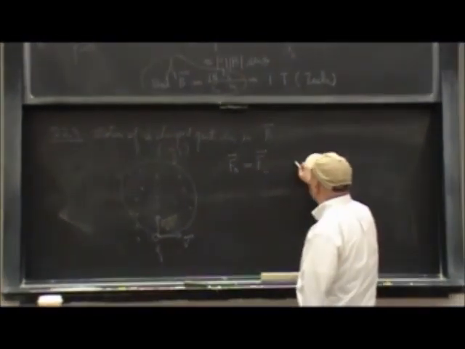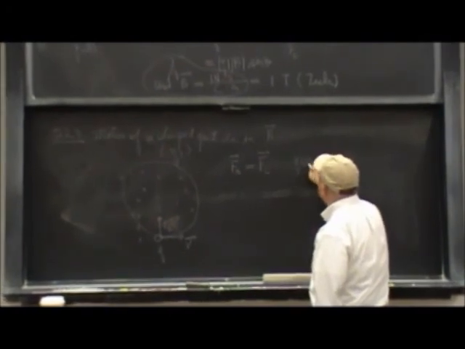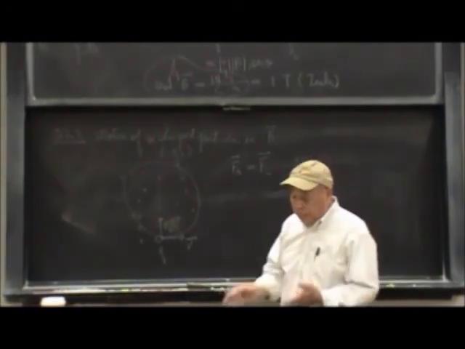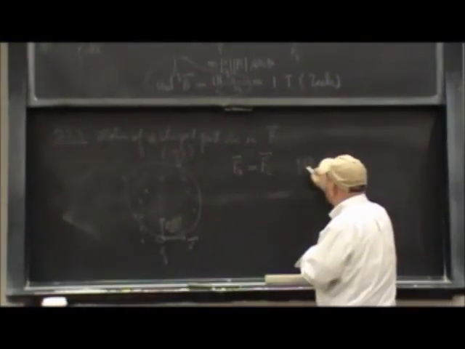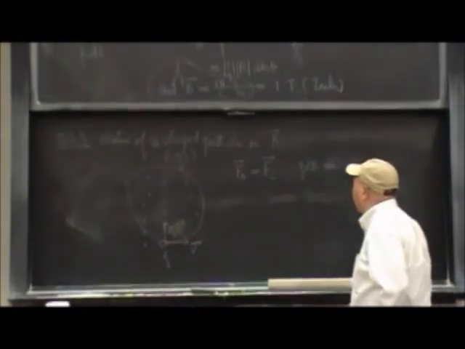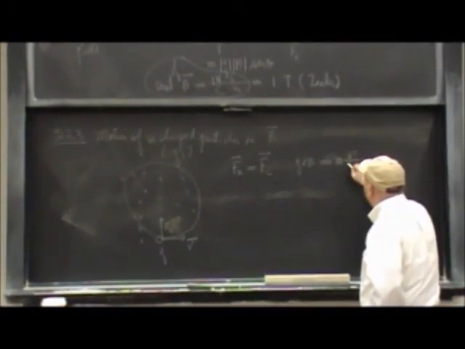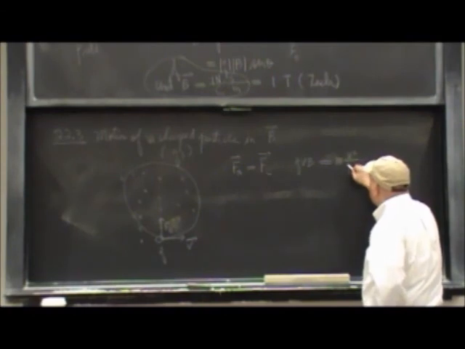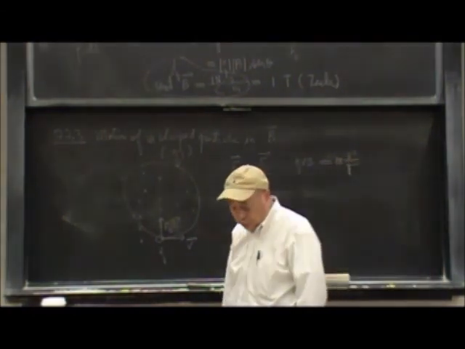So in this case, assuming it's a perpendicular situation, we have QVB, which is the magnetic force, and the centripetal force equals mv squared divided by r. The r is the radius of the circle.